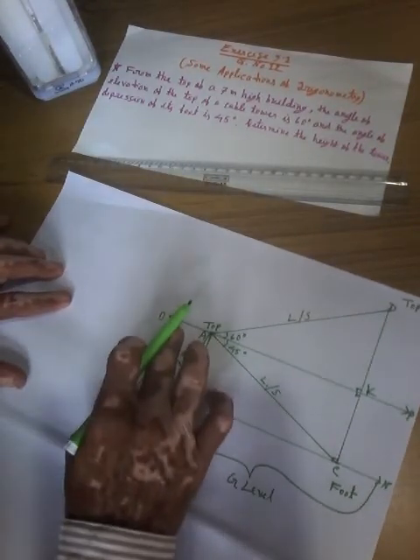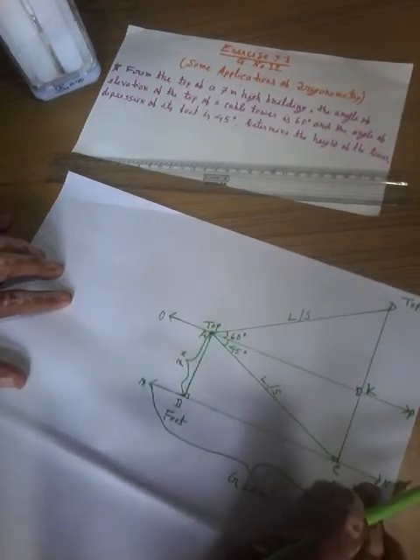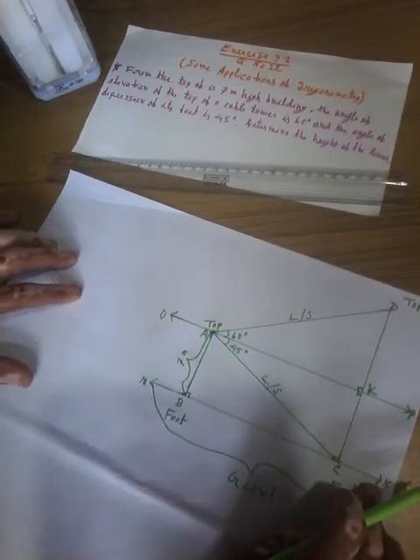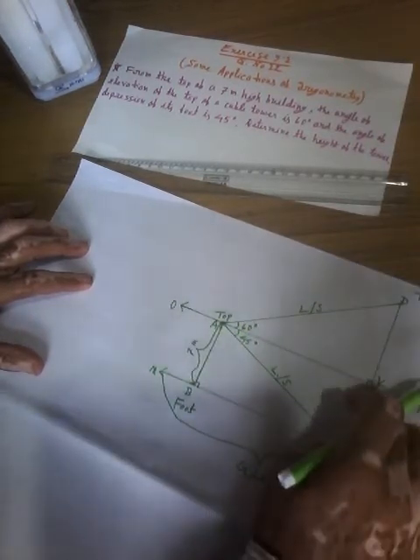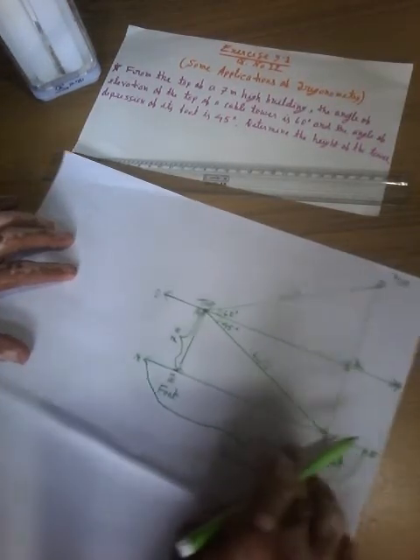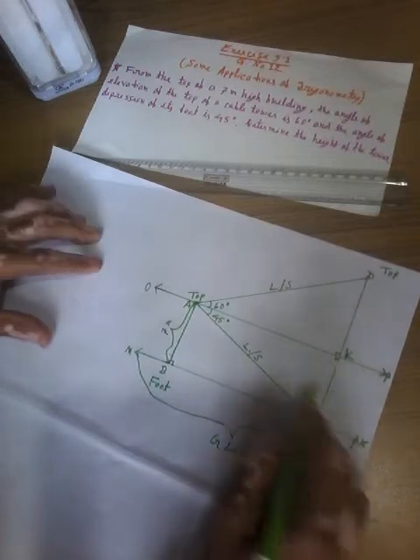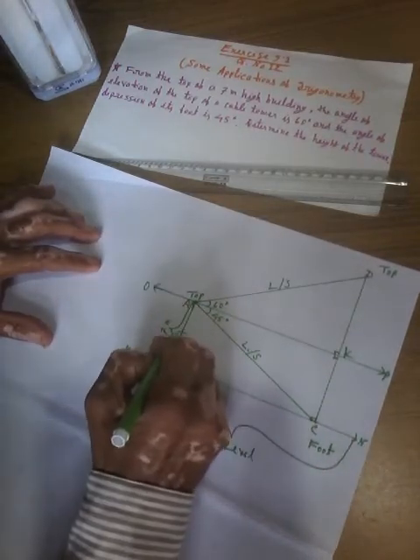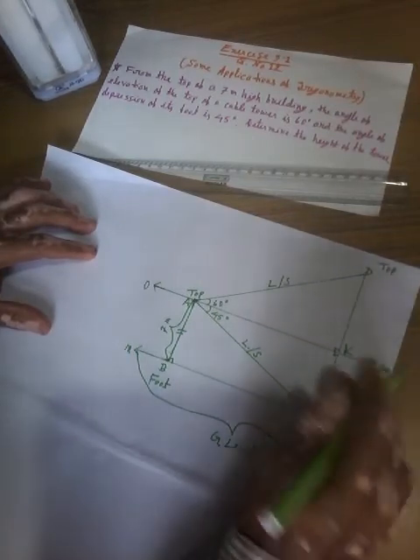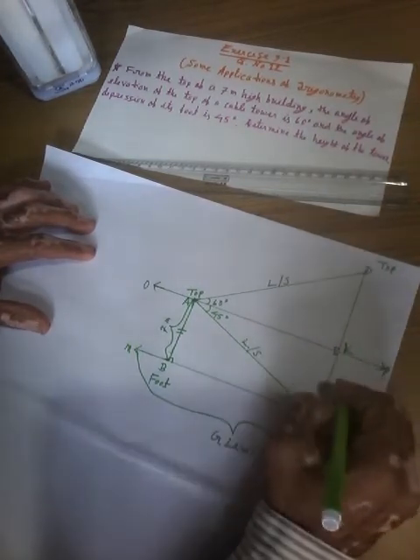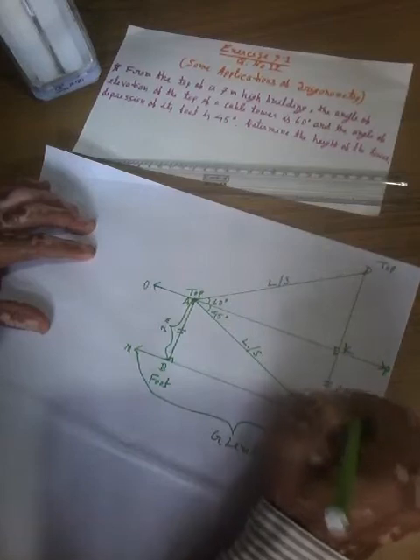Now since OP is parallel to MN and AB is perpendicular on MN, KC is also perpendicular on MN, so measure of AB will be equal to measure of KC or CK, equal to 7 meters.